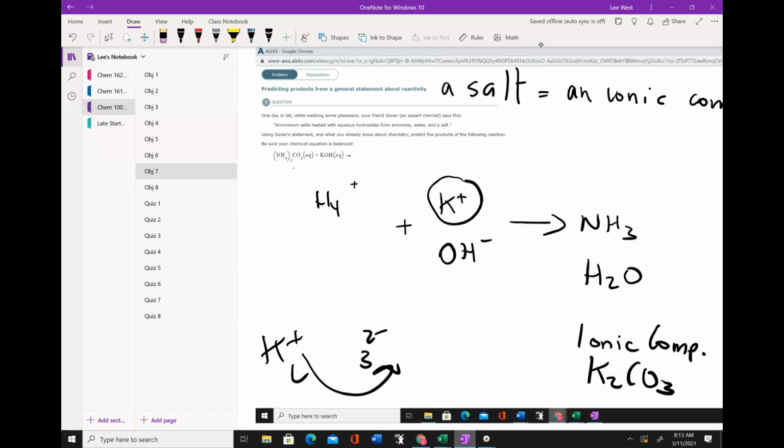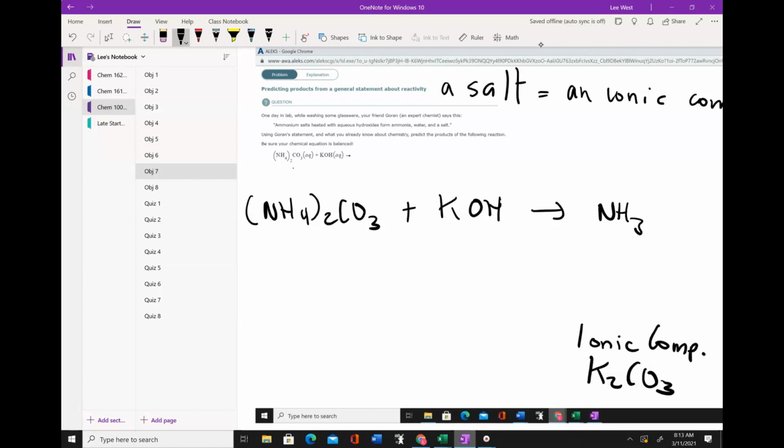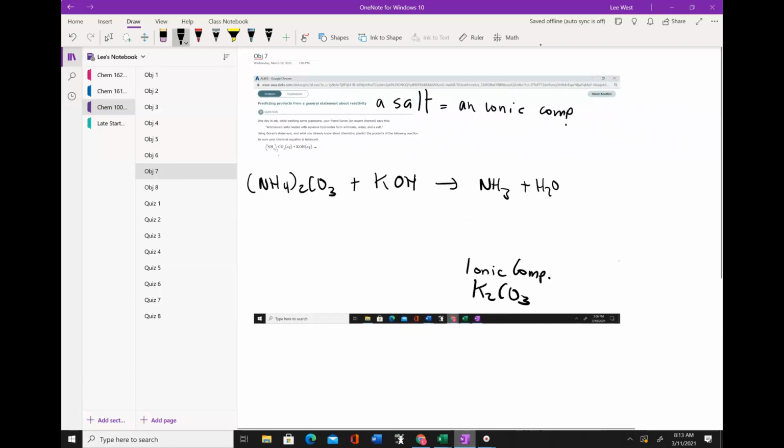So let's see if we can do that. It is our ammonium salt, which is ammonium carbonate, reacting with our hydroxide to form ammonia, water, and another ionic compound which we identified as being K2CO3.